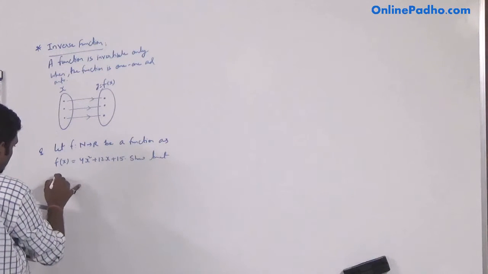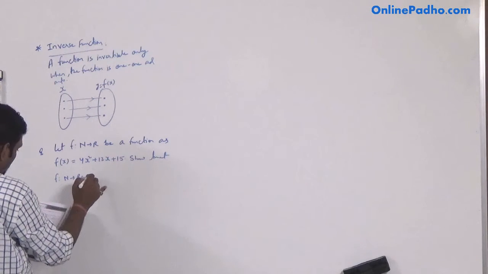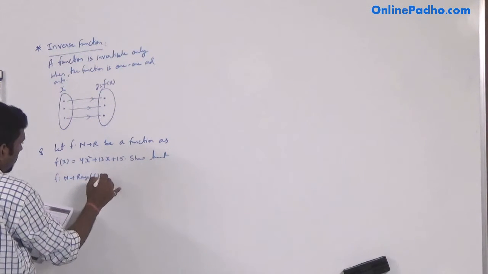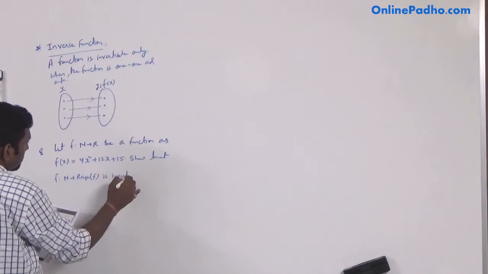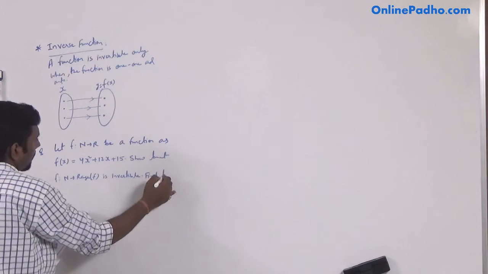Show that f from natural numbers to the range of f is invertible, and find the inverse of f.